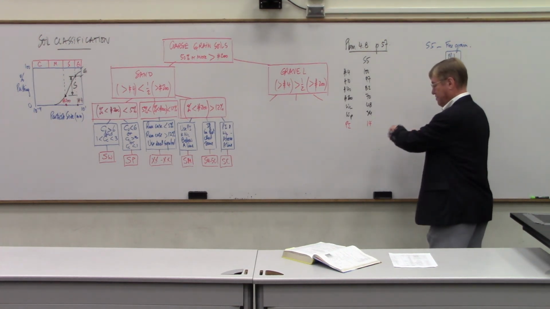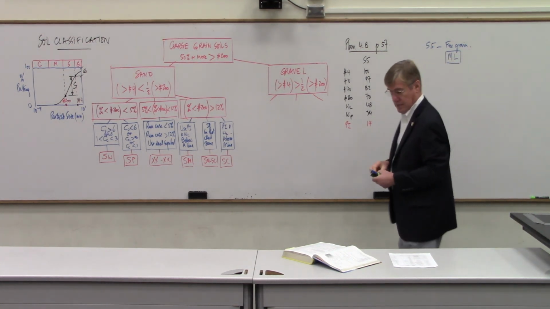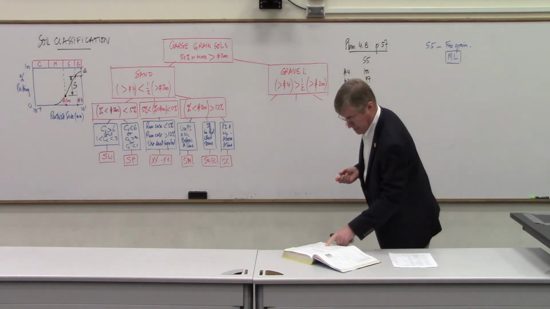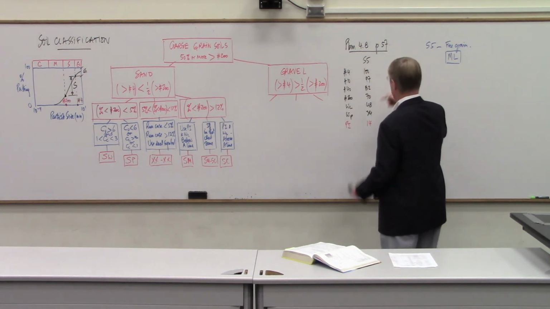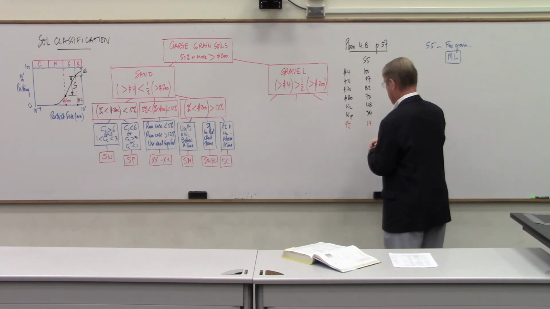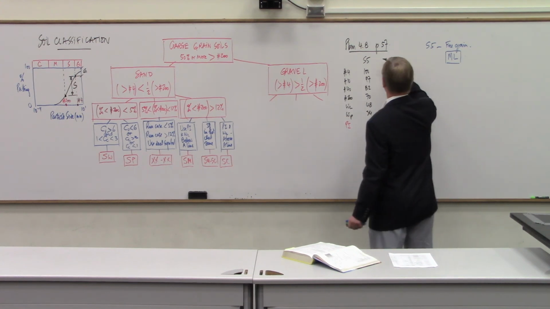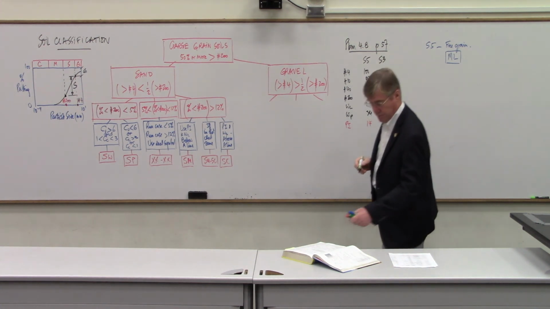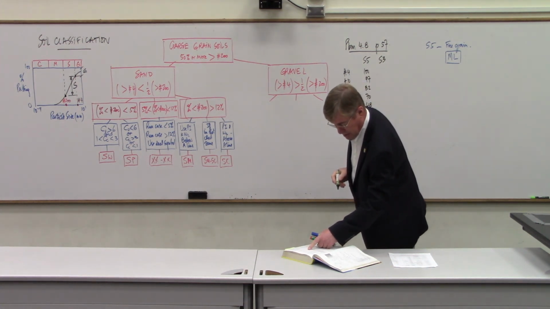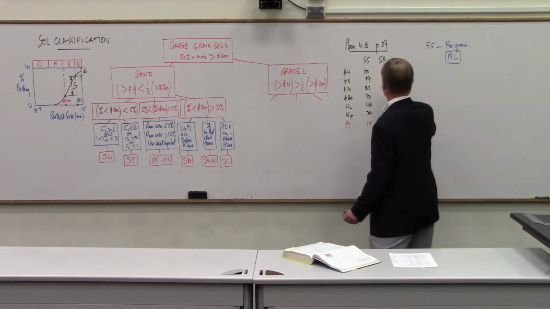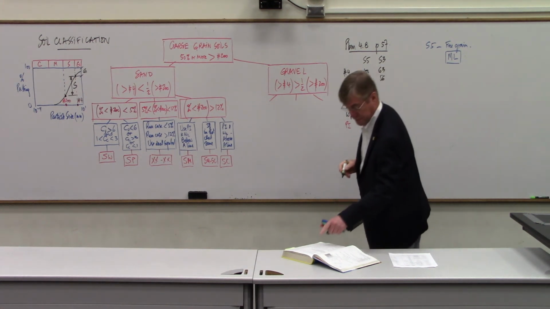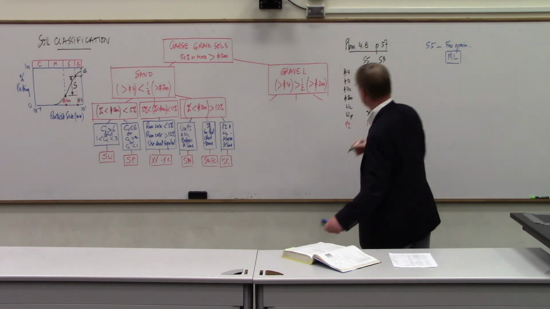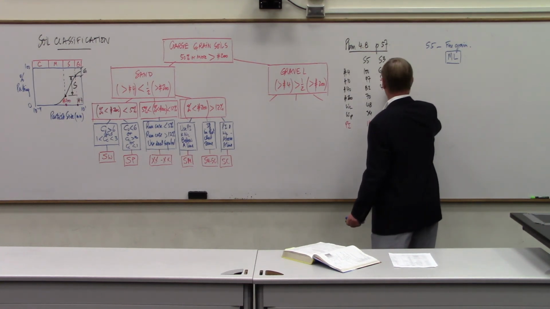Then we're given S3. So let's do S3. And the numbers for S3 are 63, 56, 42, and 4.